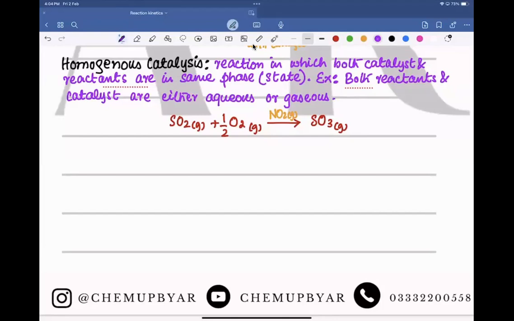Okay. Now, an important thing about homogeneous catalysts is that they do take part in the reaction, but they form some intermediate in between, and as the product forms, they get restored.